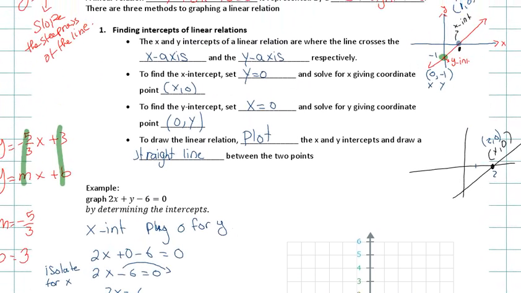How do you know from the question that we have to look for the x-intercept? Well, the question told you exactly: graph this by determining the intercepts. You have to find both x and y. You need 2 points to graph a line.